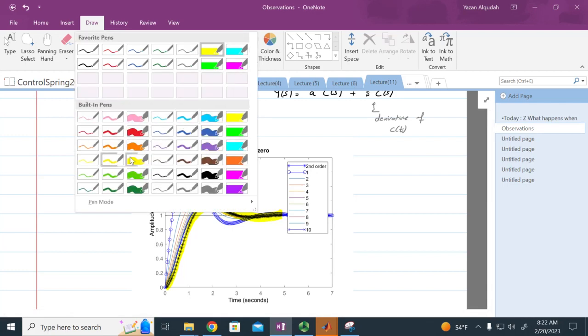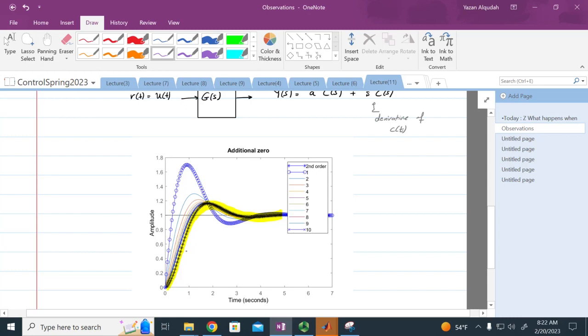And then for different values of alpha, when alpha is 10, this is the response of the system. And all the way when alpha is 1, this is alpha equal to 1. What do we notice? When alpha is large, what does the response of the system look like? It looks like we can approximate it with that of a second order system. Make sense?